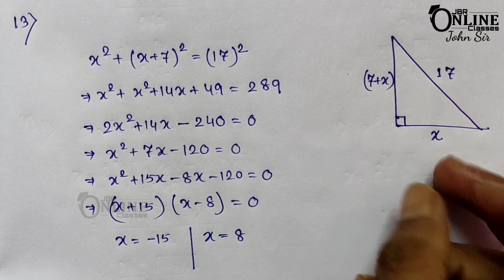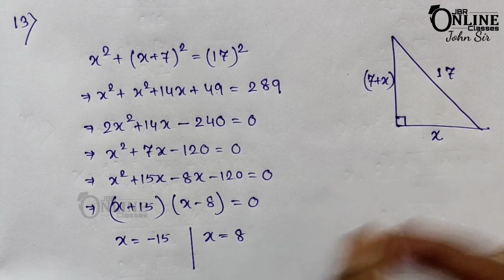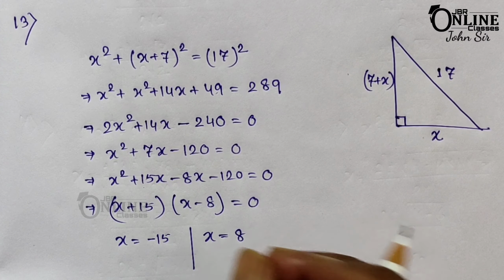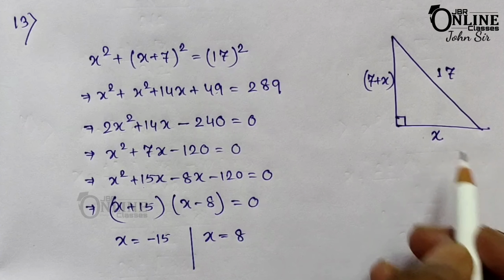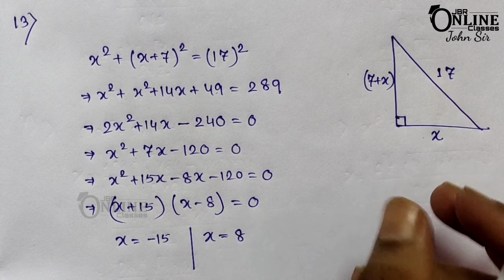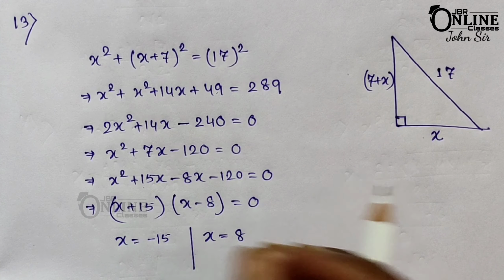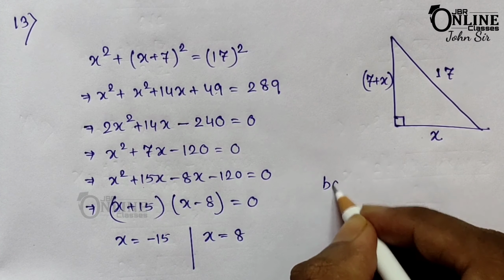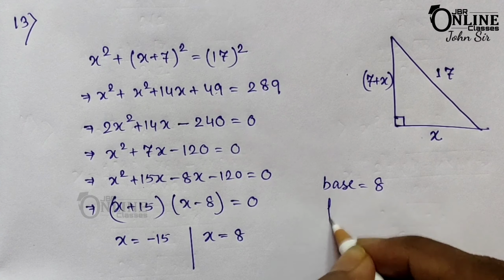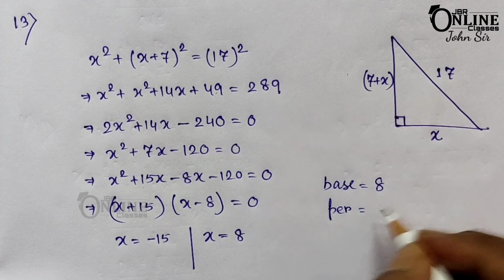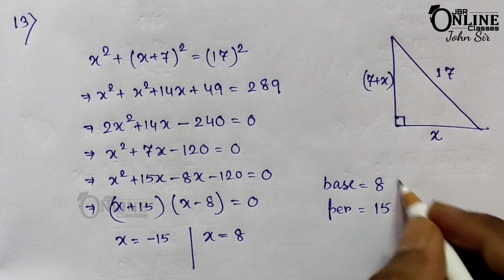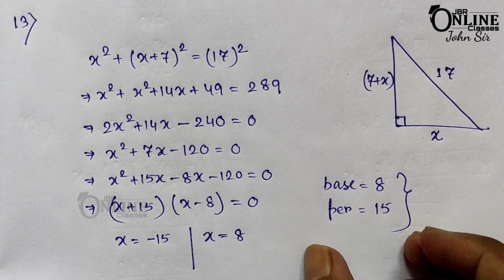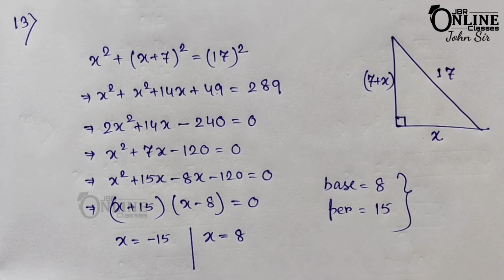As x is the length of a side, it always has to be positive. So here x equal to 8 you have to consider. So base equal to 8, and the perpendicular is 8 plus 7, that means 15. So 8 and 15 is your answer.